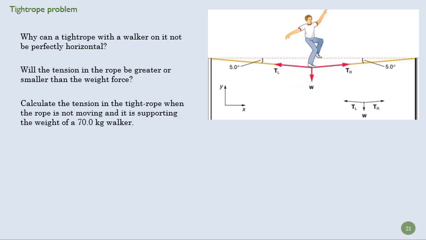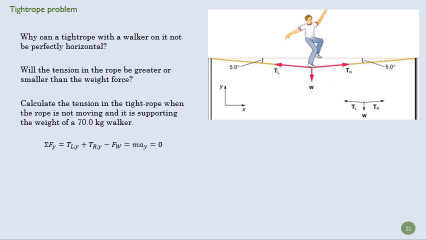And we can do a quick calculation to show that, right? If we assume that the rope is not moving, that is that MA equals 0, and that this tightrope walker weighs 70 kilograms, we can say that the sum of forces in the Y direction are the Y components of the two tensions, which we can see in our free body diagram, minus the force weight, which is in the negative direction, equals MA in the Y direction, but we know that's 0 because we said it's not moving.